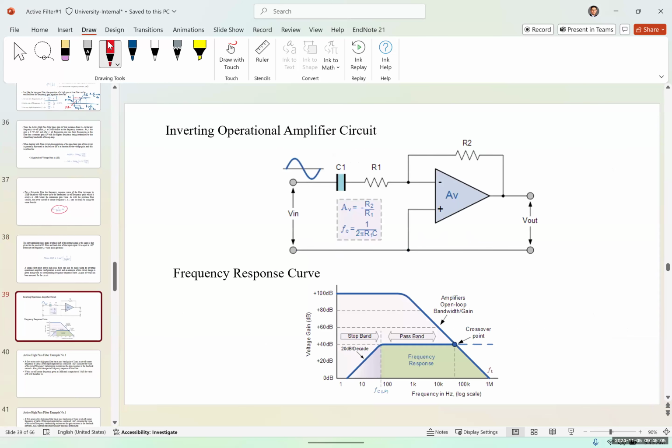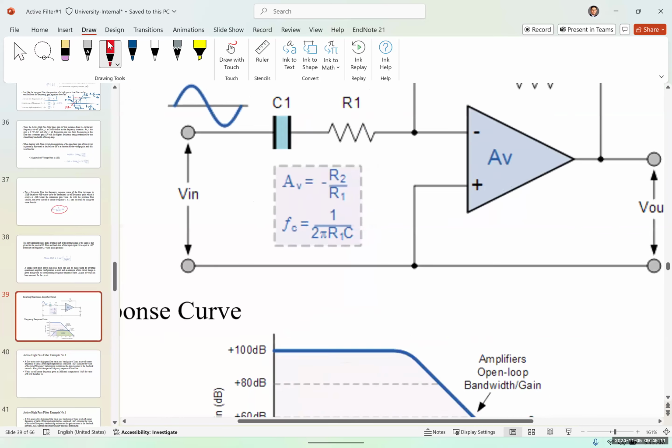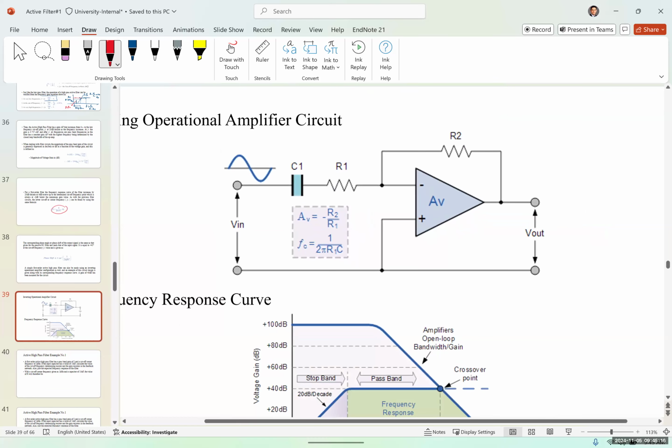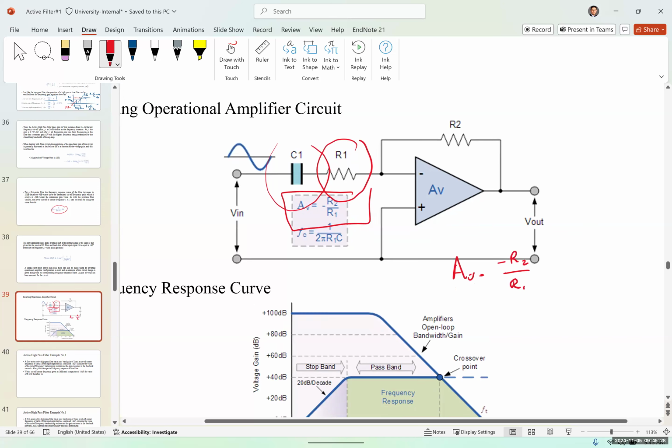And for this particular case, the cutoff frequency remains the same. It's going to be, again, 1 over 2 pi RC, R being this R1 connected to the C. The only difference between these two is the gain. Gain here for an inverting amplifier is negative R2 over R1.